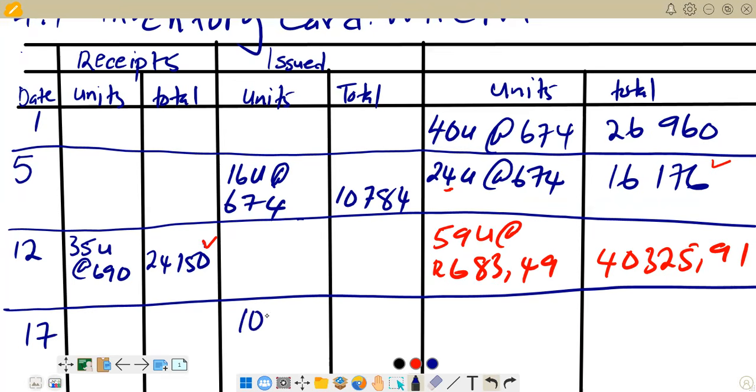We issued 10 units. We are using the weighted average that we calculated earlier, 683.49.